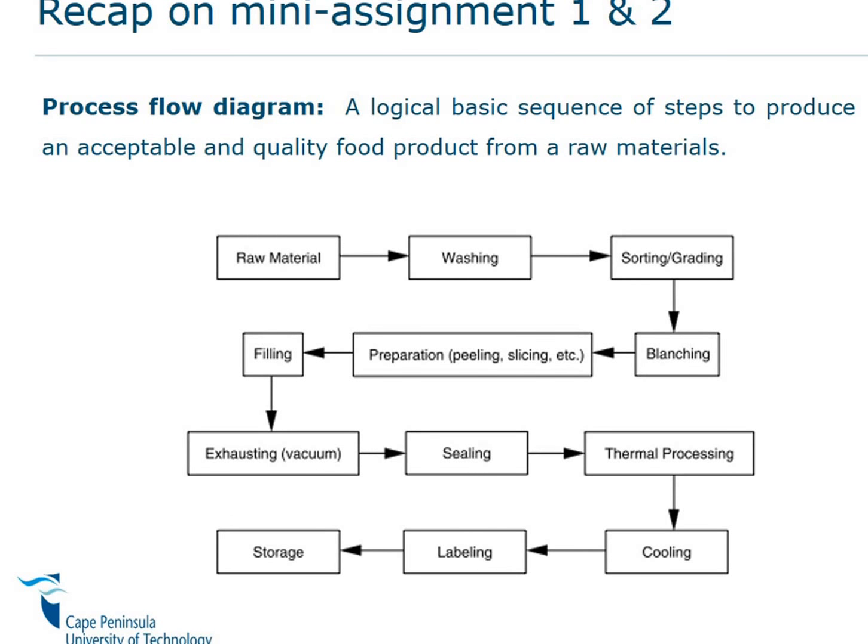For example, taking an apple from a tree and subjecting it to a certain process, then you end up with apple juice. In order to do that, this raw material needs to undergo a series of steps.